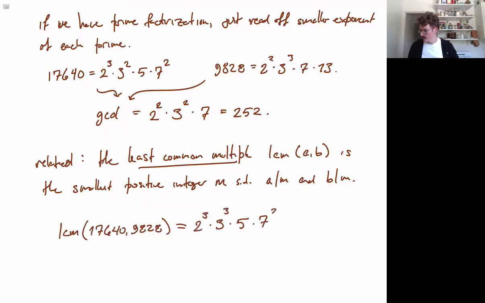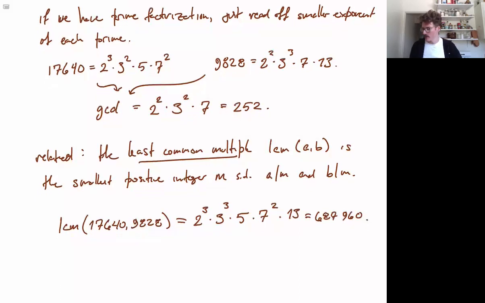We need 7 squared coming from this one, and we need a 13 coming from this one. Okay, and then this is some number. Let me write it down: 6,879,60. So this is the least common multiple of these two numbers.